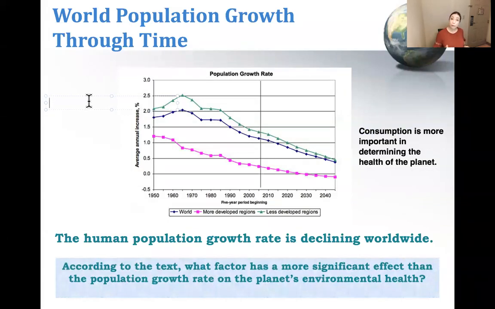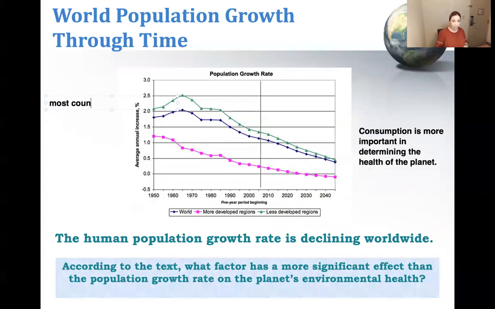Also, fertility rate, remember the fertility rate graph I showed you? Fertility rate is dropping all over the world. Most countries are at or below what we call replacement level fertility.